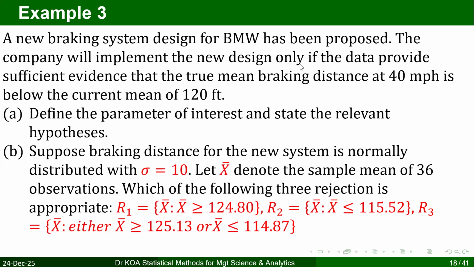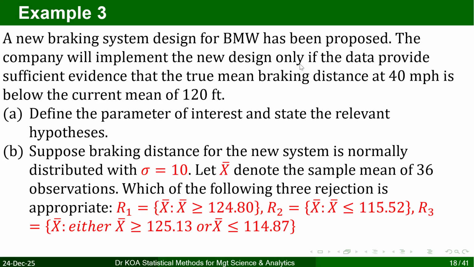For the new braking system to be a good one, must it be below the current one or above the current one? Below it. Okay, so the first thing is to define the parameter of interest and state the hypothesis.